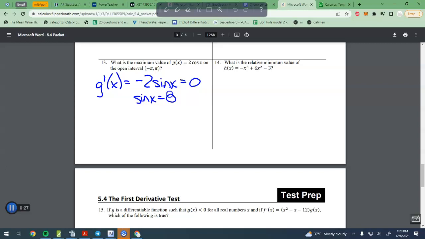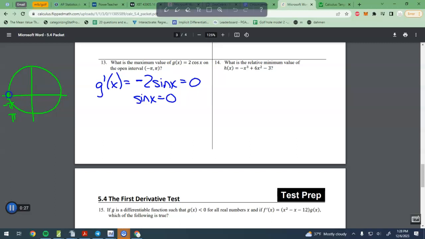So where, in between negative pi and pi, so on the circle, negative pi is here, pi is also there. So once around the circle, where is sine equal to 0? That's a good circle, it's just not centered. 0, negative pi, and pi are where we're looking.